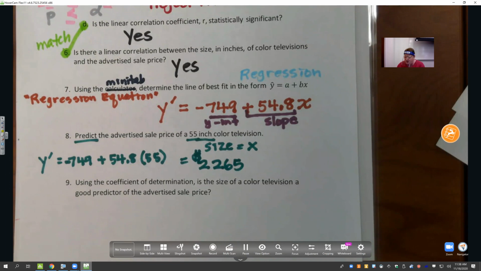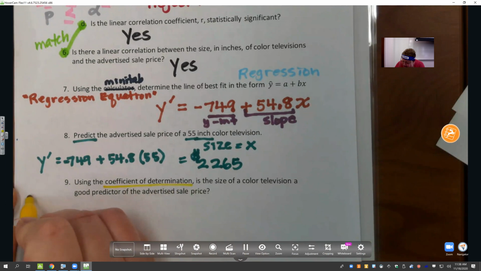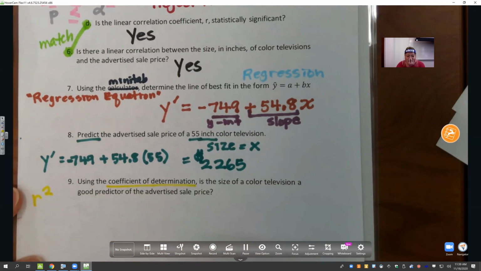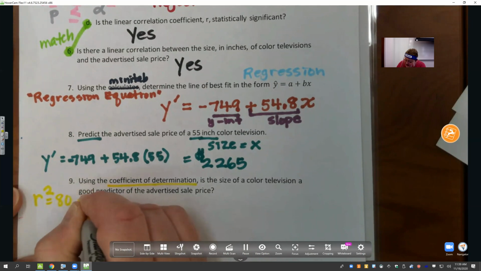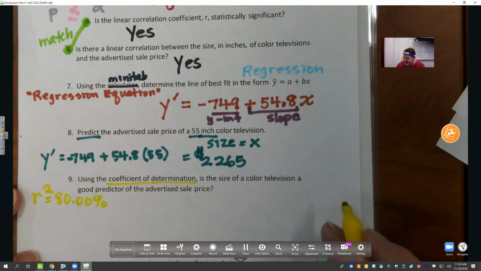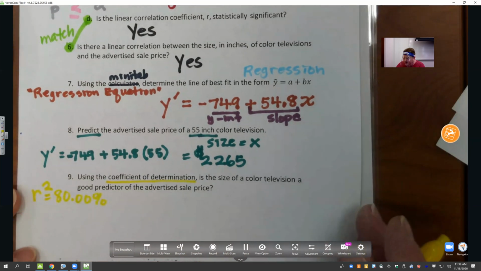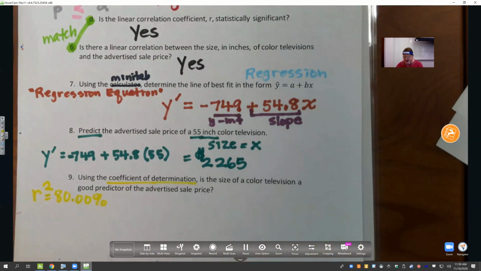Okay, then question 9 says, using the coefficient of determination. Remember, your coefficient of determination is r squared that we looked at earlier, which is 80%. Is the size of a color television a good predictor of the advertised sale price?